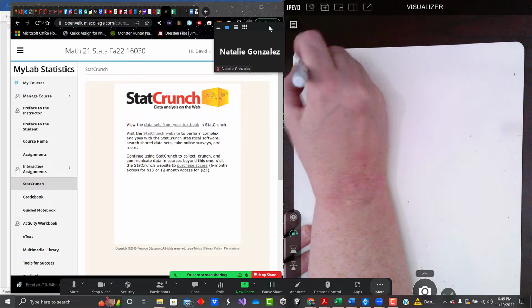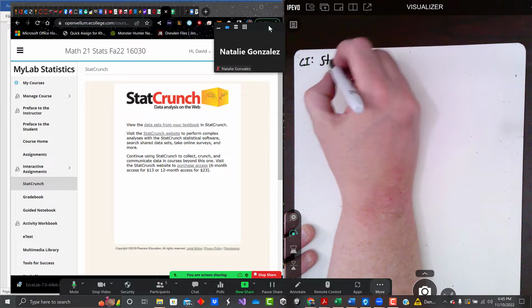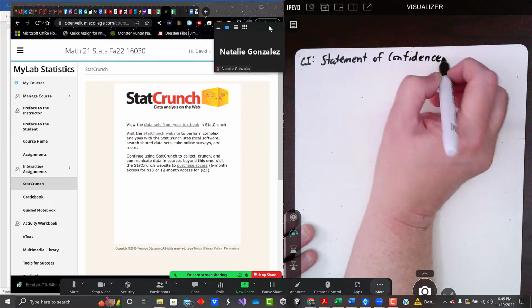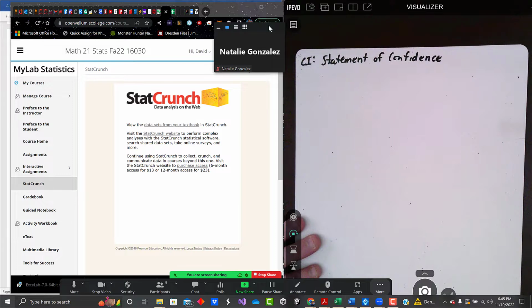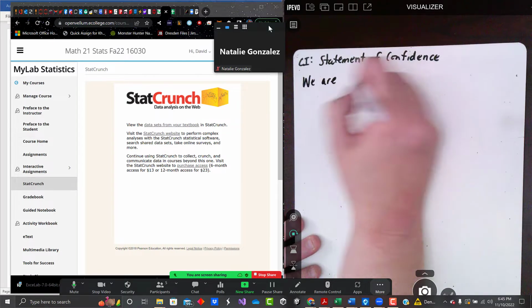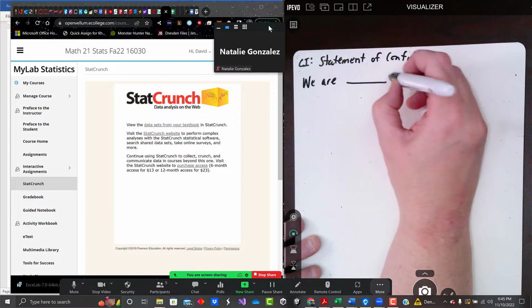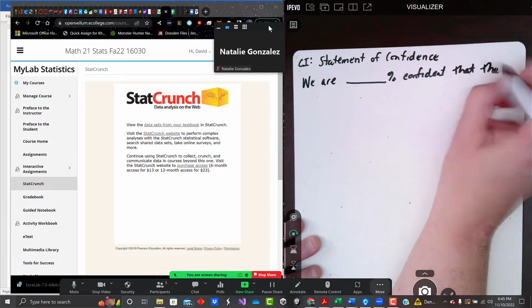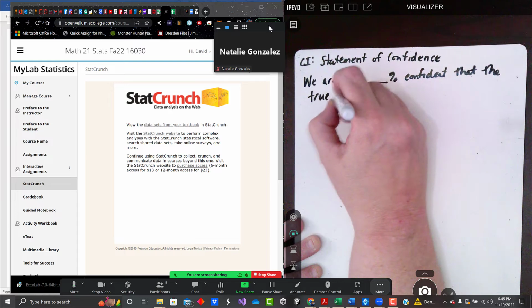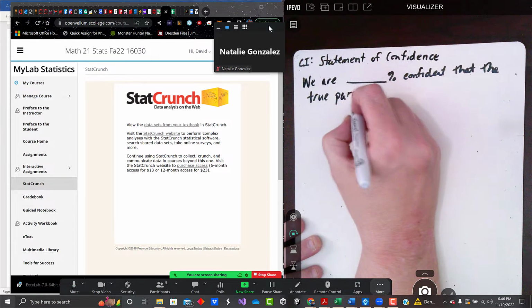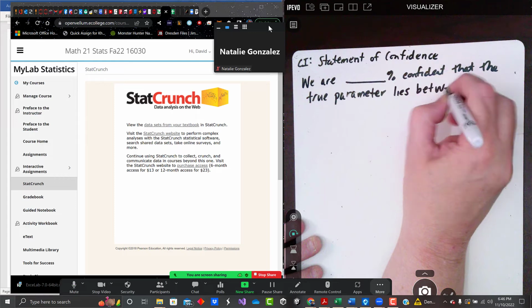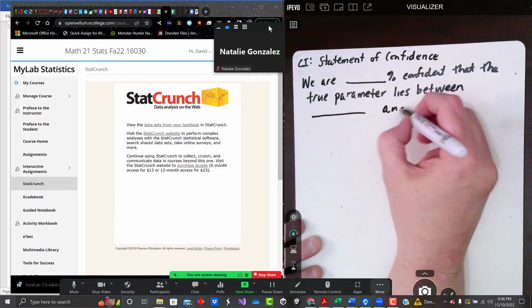When we're doing confidence intervals, we make a statement of confidence. We are blank percent confident that the true proportion or mean, true parameter is a better way of going with it. Parameter covers proportion, mean, standard deviation, lies between blank and blank.